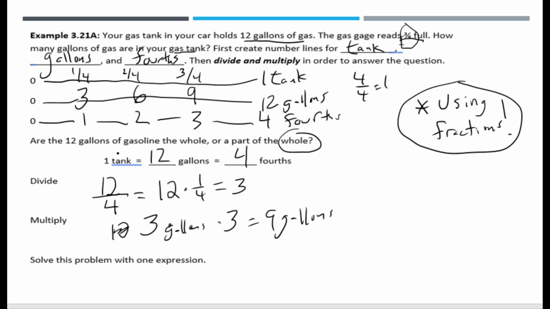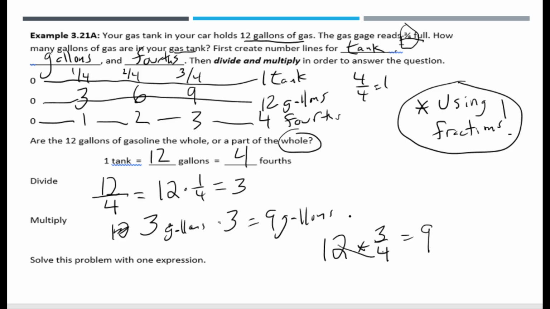So that's a long way of doing it, but it's just to get some visual here. In one expression, it would be 12 times 3/4, which involves a combination of division, 12 divided by 4 is 3, and multiplication, 3 times 3 is 9.